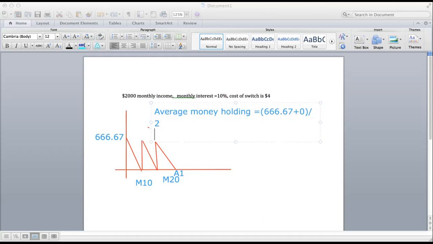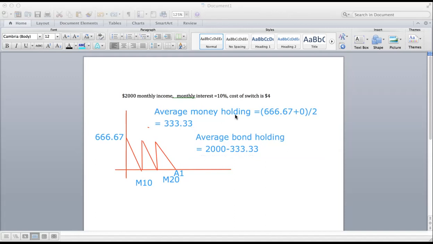You get an average money balance equal to $333.33, which means that most of your money will be in bonds. The average bond holding is $2,000 minus the average money holding, 333. We could graph the average money holding with the same logic, but it's easier to just subtract.